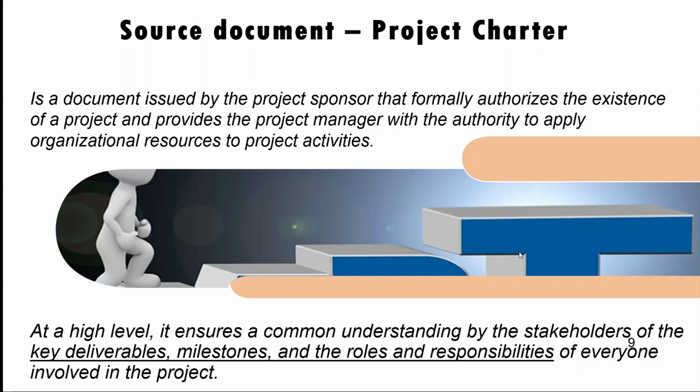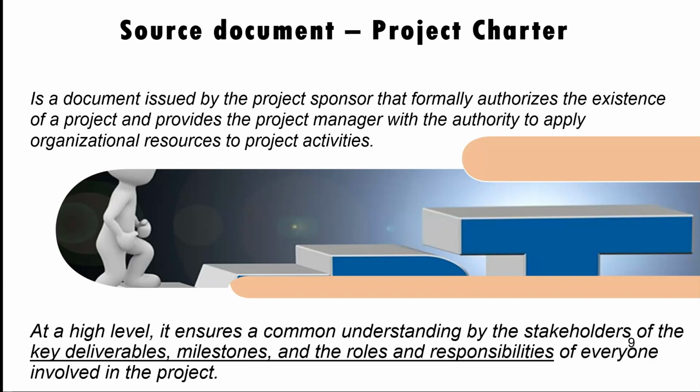We spoke just now about the charter. So the charter, we said, is a main document that is used in the scope statement. The charter is issued by the sponsor that formally authorizes the existence of a project and provides the project manager with the authority to apply organizational resources to project activities.